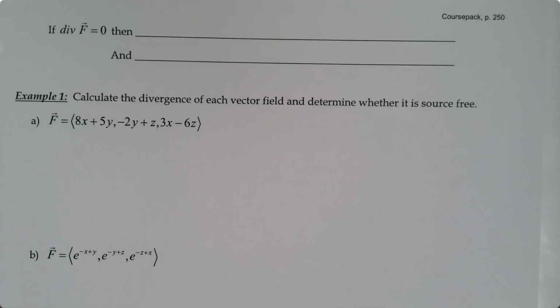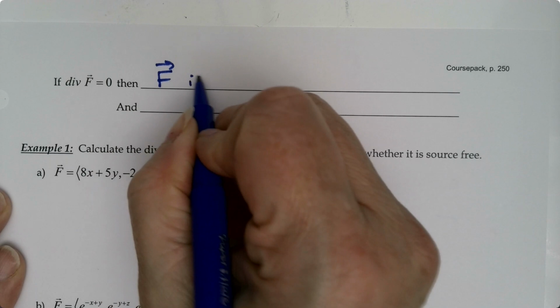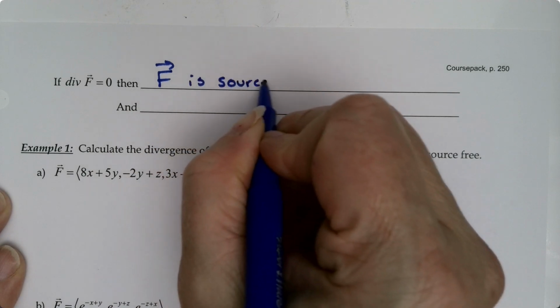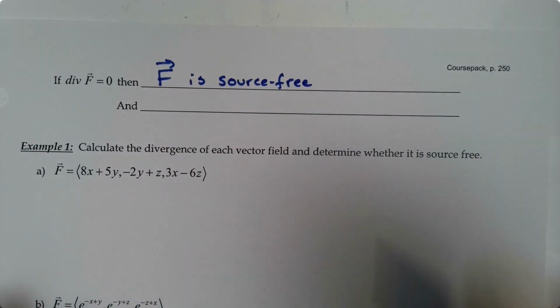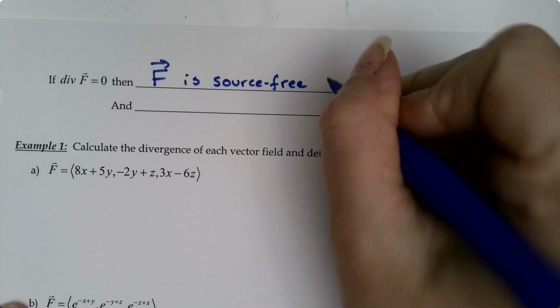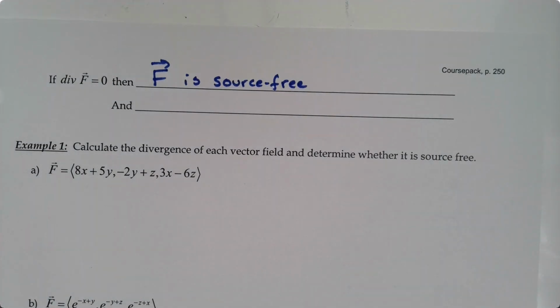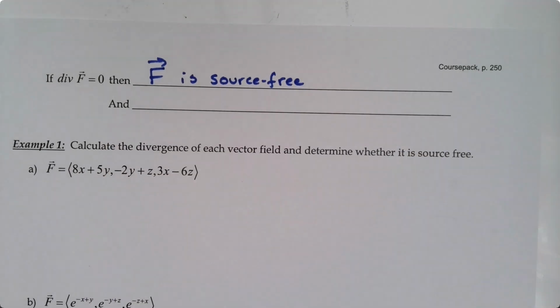If the divergence of f is 0, that means that our vector field f is source free, also known as divergence free, also known as solenoidal or incompressible. Let me write those as well.